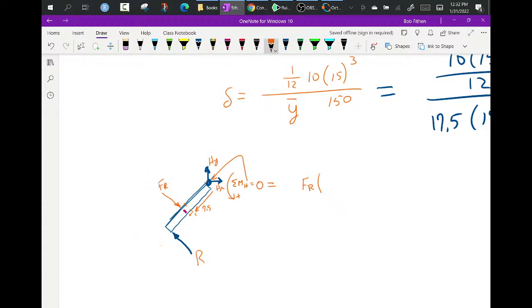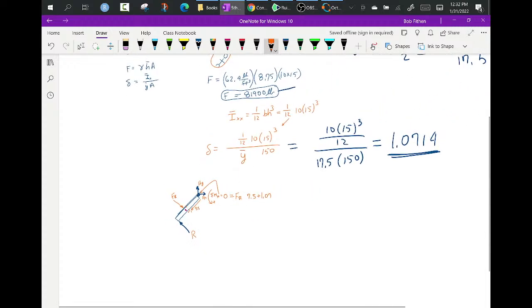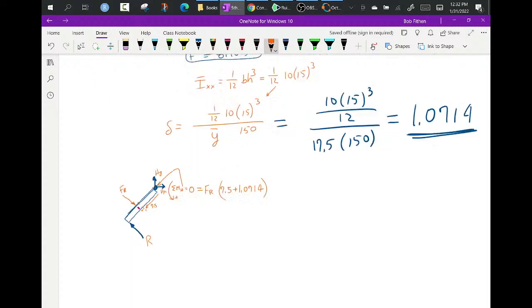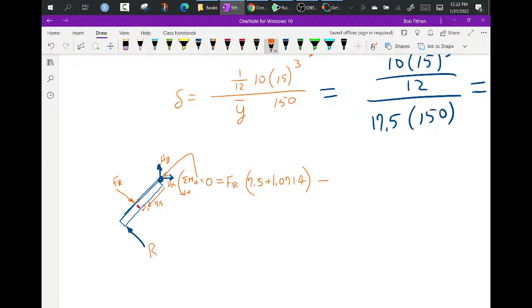So I'm back here with the 0. FR times the distance, which is way out here, 7.5 plus 1.07, and the minus would be the resultant force times the entire 15 foot it's on the other side. That gives you the resultant force held by this thing.